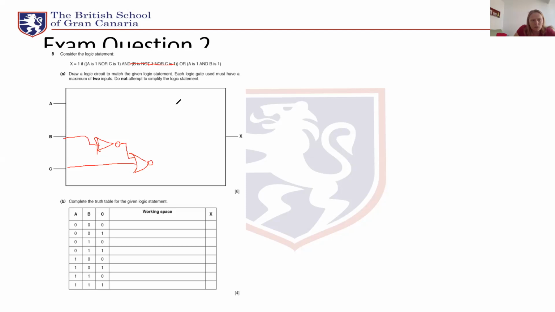I would say the AND probably goes in the middle here because you've got to think about the order of rank. So A going in there, and then I'm going to make a junction, I think that's correct, here, because it says A AND B is 1. There we go.